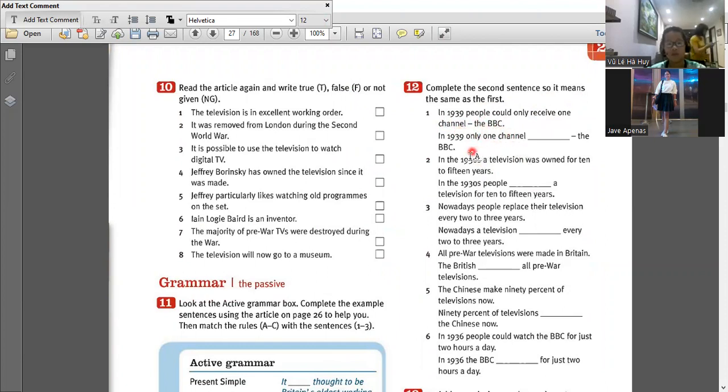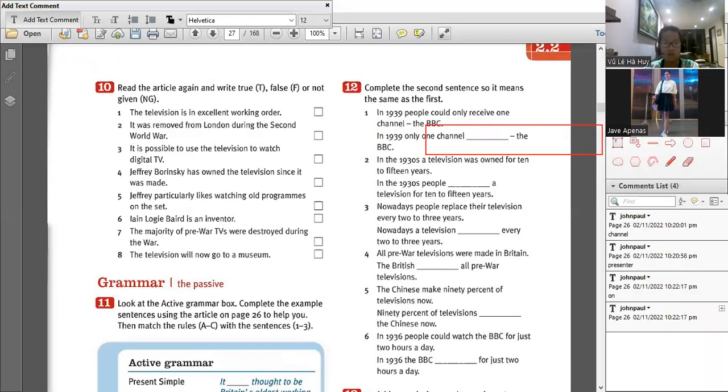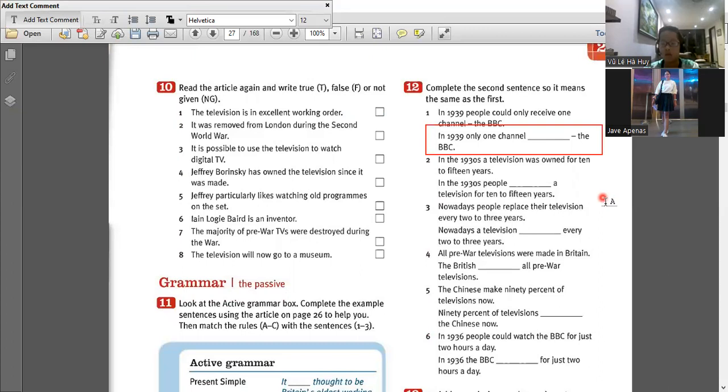All right, now we give the same meaning, but you're going to make your own word. You're going to put the correct word in the underlined word. Can you try it? Yes. Okay, please do.